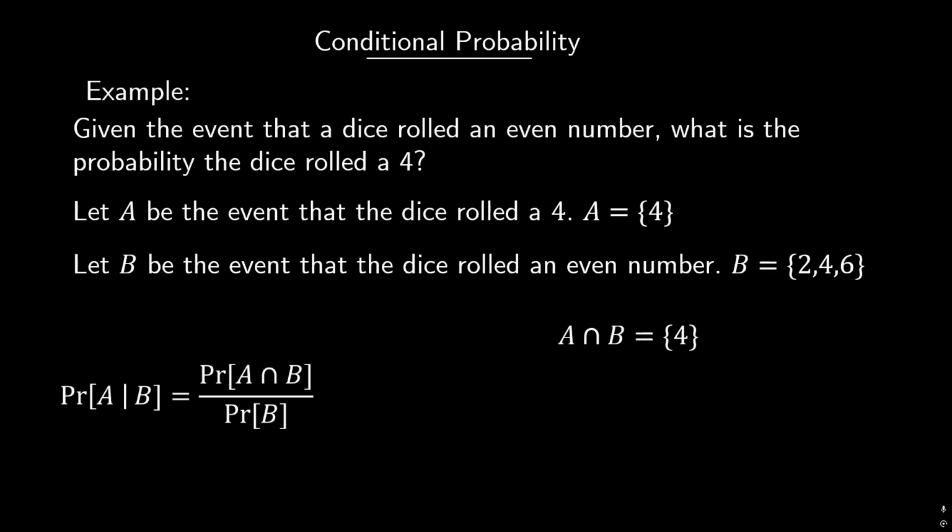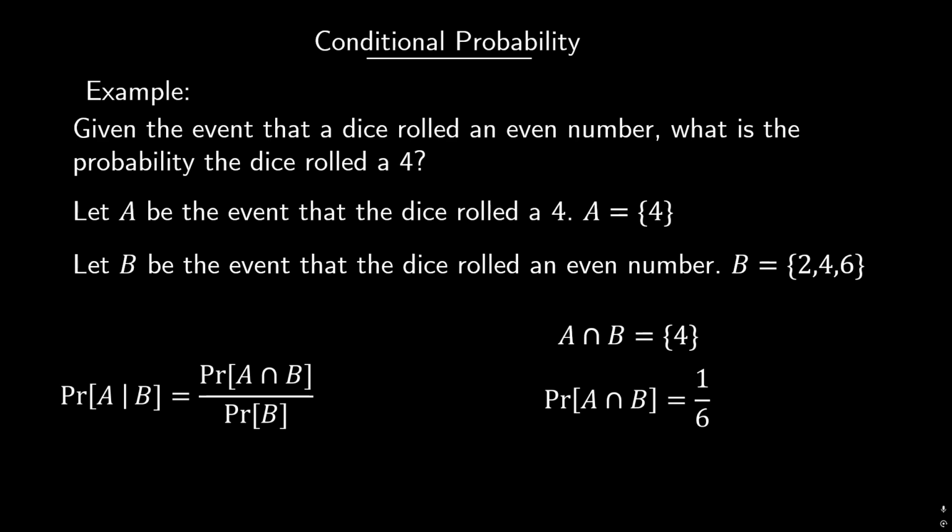A intersect B is 4 because the A set only contains 4 and the B set contains 2, 4, 6. So it stands to reason that the intersection is the outcome 4. The probability of A intersect B happening is 1 over 6 because we're going to assume that the dice is fully uniform.